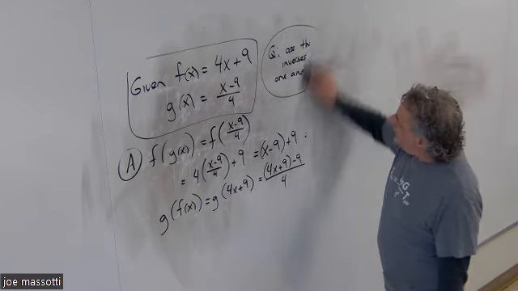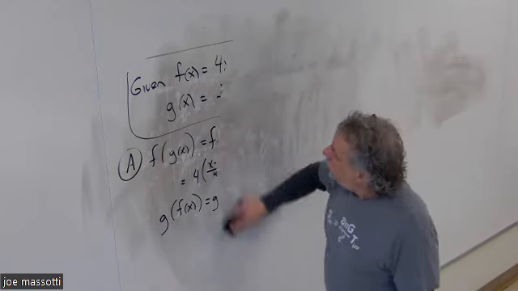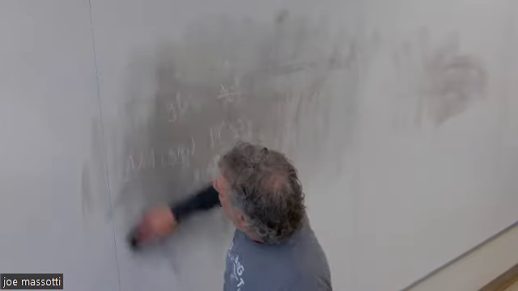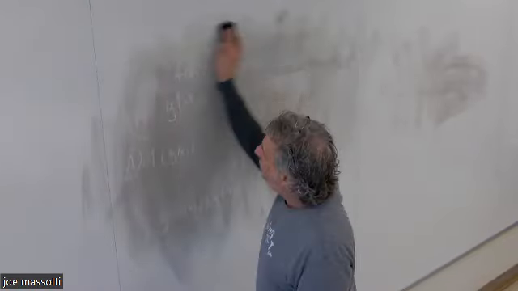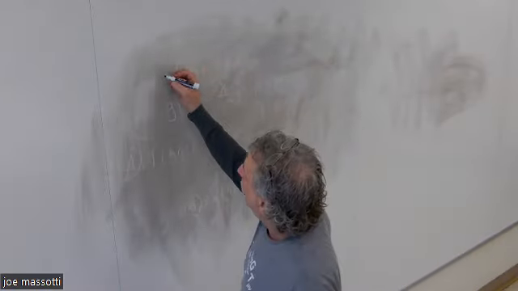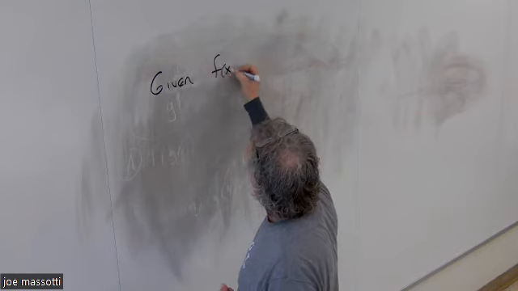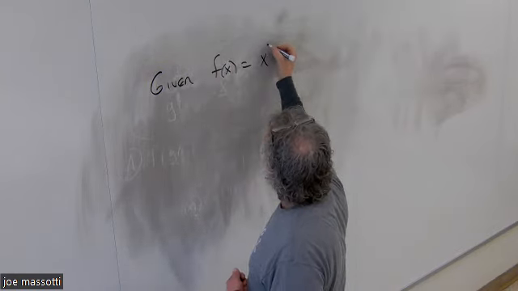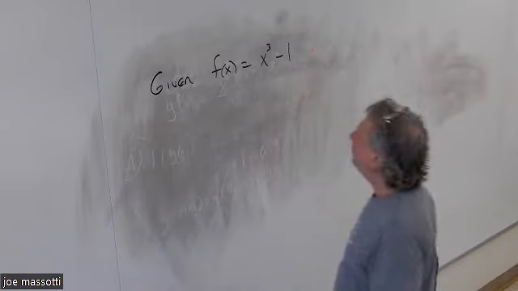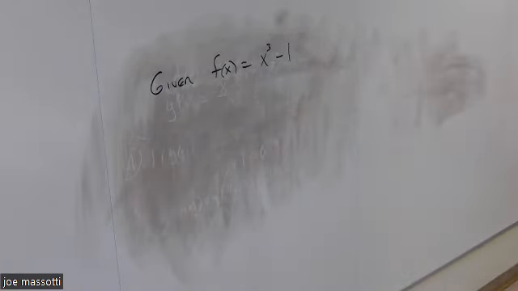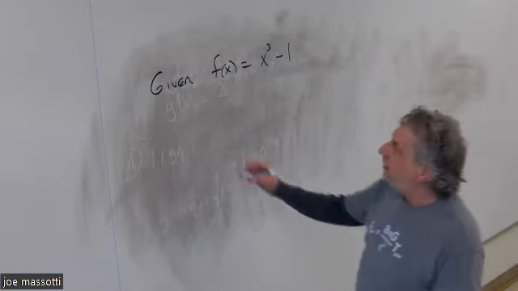Next task is when you're given one function and you're asked to find the inverse of that given function. So let's say we're given the function f of x is x cubed minus 1. All right, and we are asked to find the inverse.